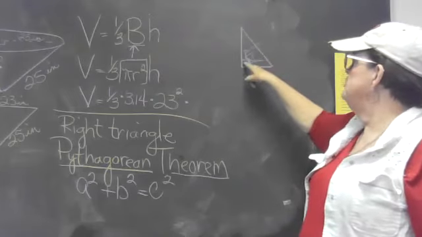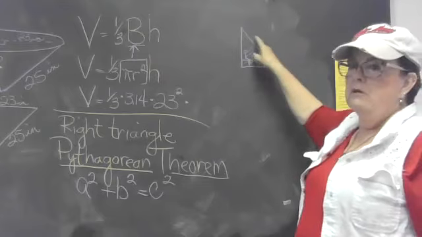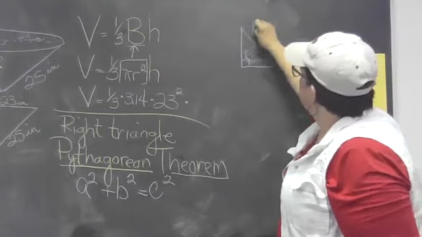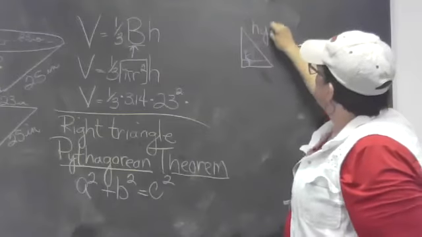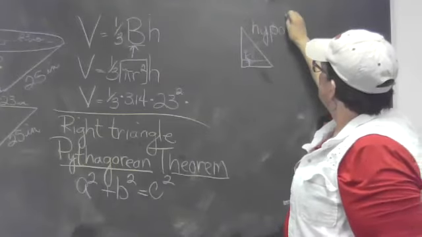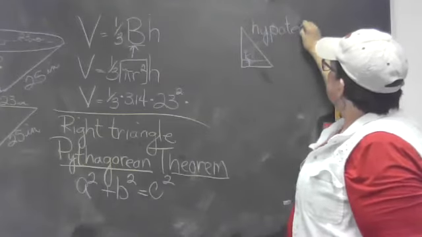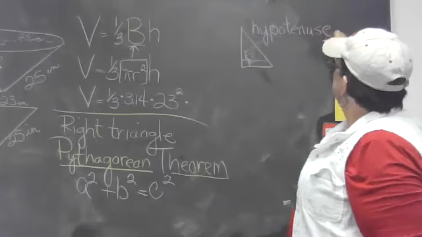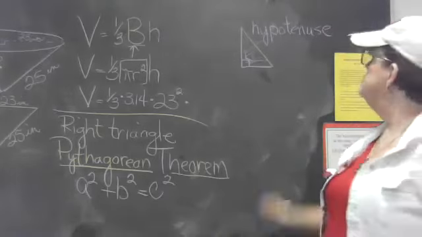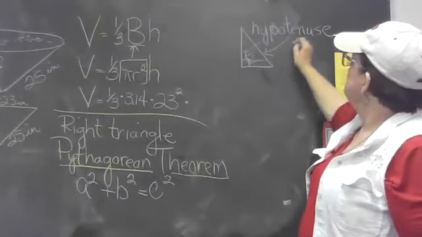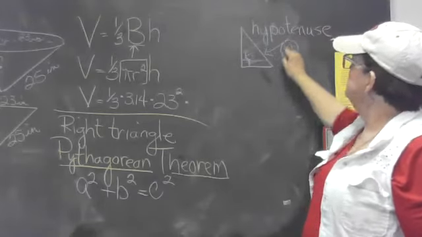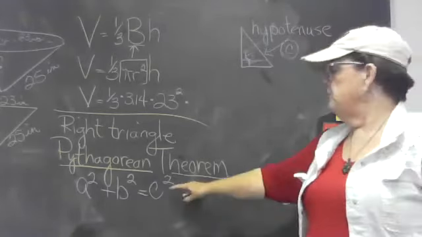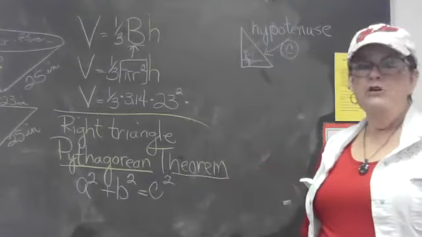He's fishing here, looking at the hypotenuse. So this is how you spell hypotenuse. Hypotenuse means the longest side of a right triangle. Hypotenuse is the longest side, and it will be C in this formula. Everybody good?